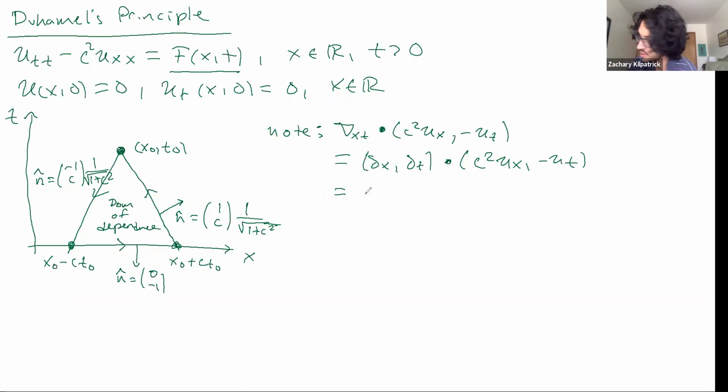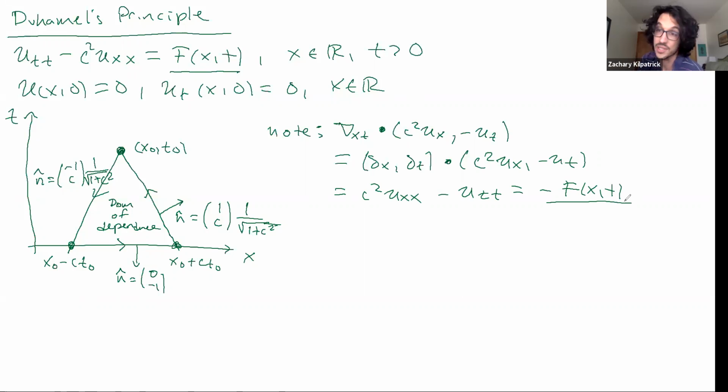This is equal to c squared uxx minus utt, and the PDE just tells me that this is equal to minus f of x, t. Okay, so the useful thing here now is that I have that minus f of x,t, which is something that I know, is equal to the divergence of something. So the thing minus f of x,t, I can just integrate, take a volume integral, for instance. And the unknown thing that I have, well, at least I can apply the divergence theorem to have a more convenient form of this integral.